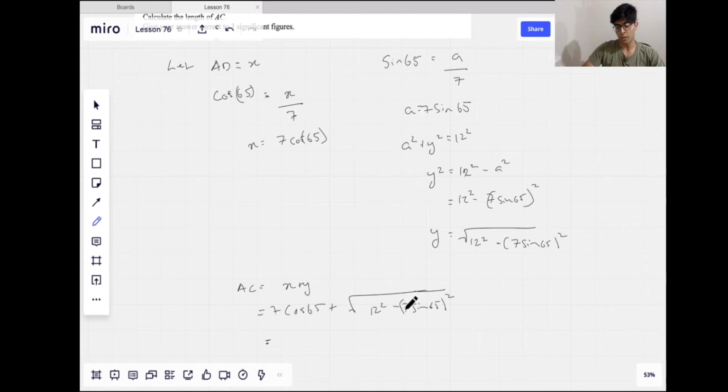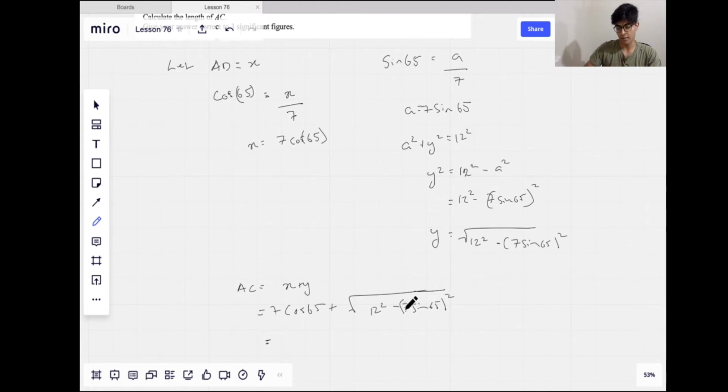So you do 7 cos 65. When you get cos, you actually have to put the brackets in this case. Try typing this into your calculator, and you can follow along. Plus square root of 12 squared minus, and this is 7 sine 65 all squared. It's important to put the bracket outside the 7 sine 65, so there's going to be a double bracket at the end of the 65.